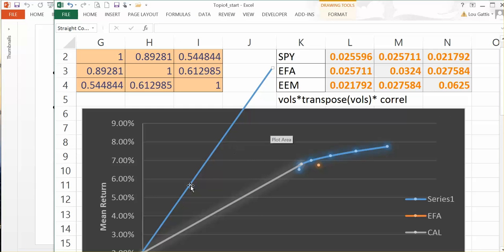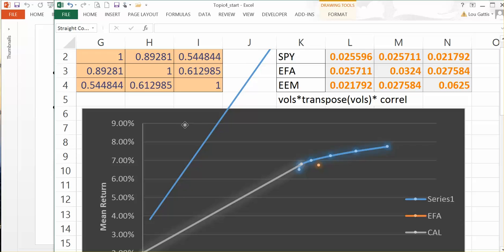So, for example, what if the borrowing rate were 5.5%? I could borrow money at 5% and maybe leverage IFA, which is this point here. So this point out here would represent borrowing money and leveraging an investment in IFA.